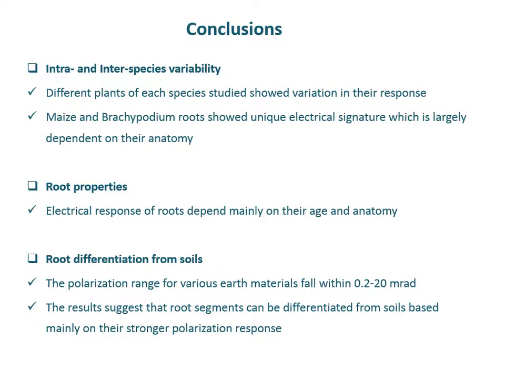When you consider the polarization range of other earth materials, which is between 0.2 and 20 millirad, and you look at what we measured here, we have 700 millirad for brachypodium and 430 millirad for maize. Then it's obvious that the roots can be differentiated from the soil, based mainly on their stronger polarization response.